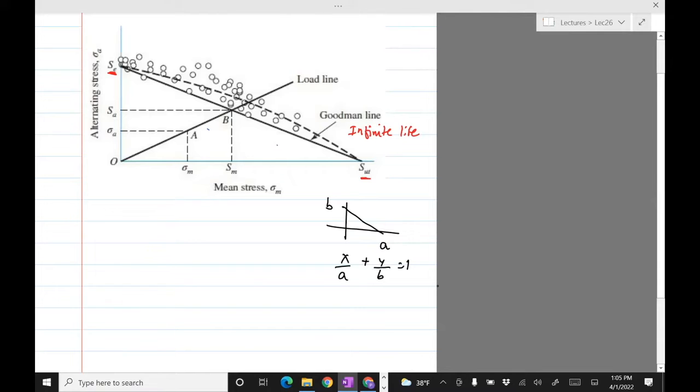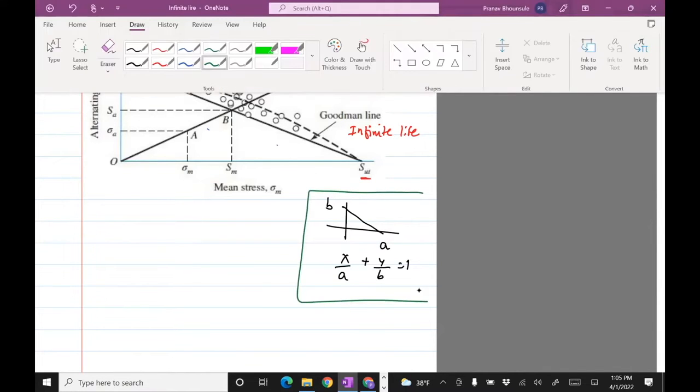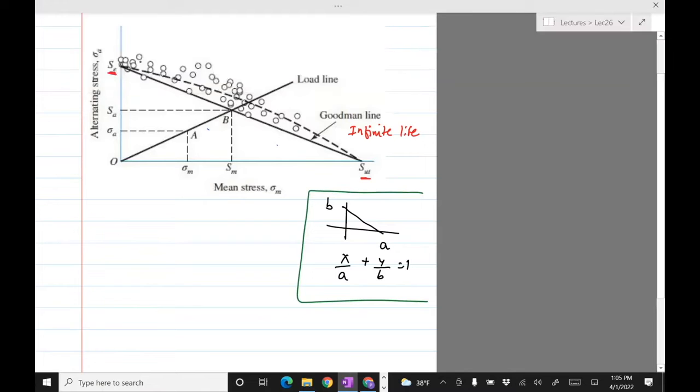That's the equation of a line which intersects x at A and y at B. So you can use similar logic here. Sigma m is on the x-axis, SUT is the intersection, plus sigma a on the y-axis, the intersection is SE, equals 1.